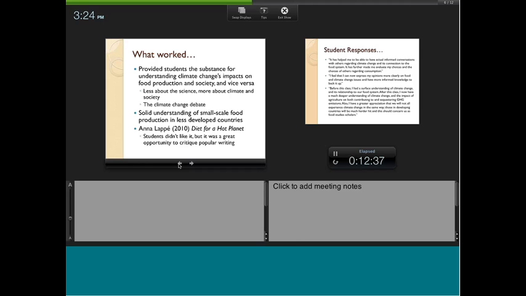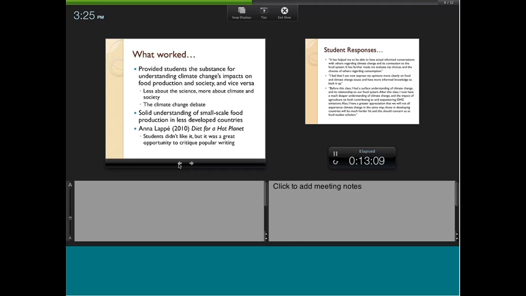Anna Lappé is her daughter, who wrote Diet for a Hot Planet, which is a bit more popular writing thinking about climate change. What was interesting about it was the students didn't really like the book. I didn't have any particular problem with it. I thought it was decent. Well, I thought it was pretty good, actually. Now, these are food studies students, so they tend to be a little bit more critical of food writing in general.